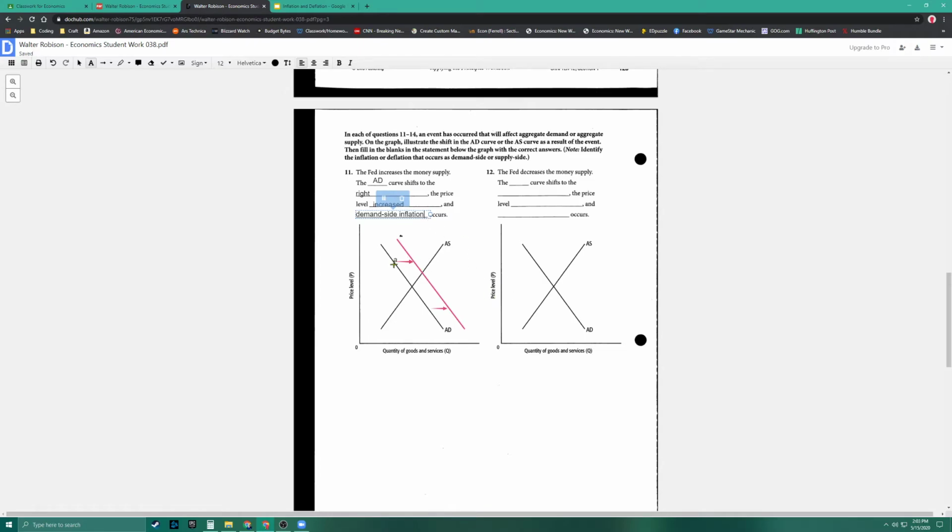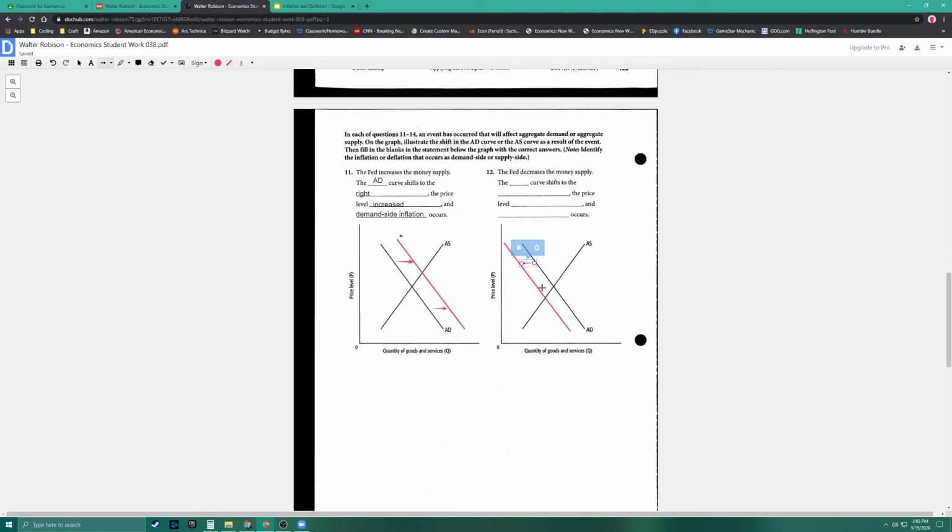So like if 11 is a shift to the left in demand, 12 is the exact opposite, right? So this one is a shift. It says the Fed decreases the money supply. So now we've got what looks like this, and I'm going to go ahead and do the arrows again because I like them. You're not required to do that, but I like it.